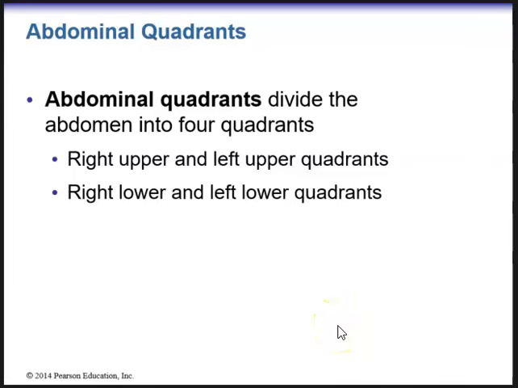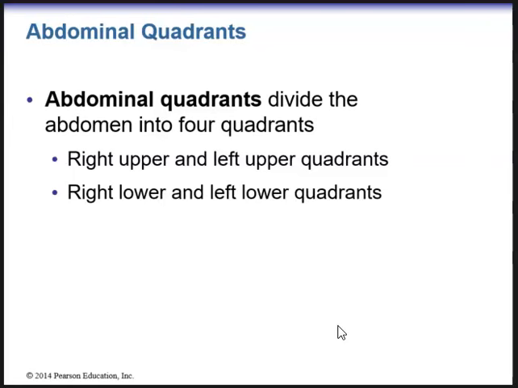Now we can use quadrants to divide specific areas within the abdomen. Quad means 4. So an abdominal quadrant will divide the abdomen into 4 areas. Okay, so we have the right upper quadrant and the left upper quadrant. We also have the right lower quadrant and the left lower quadrant.